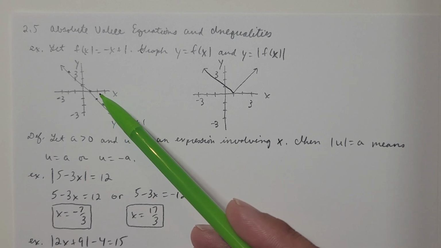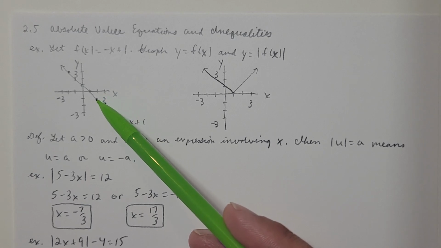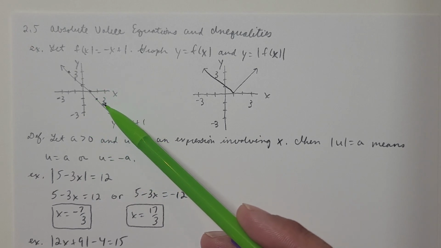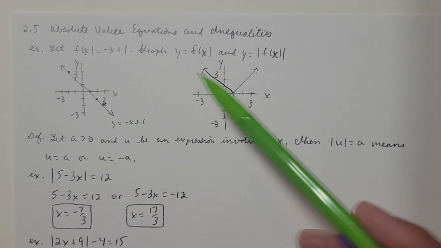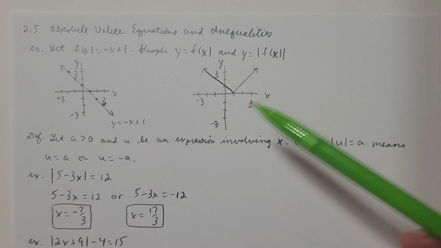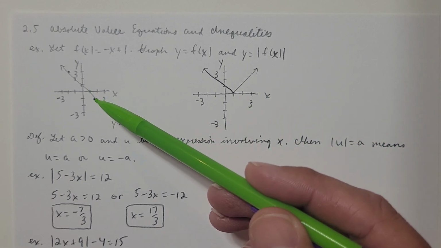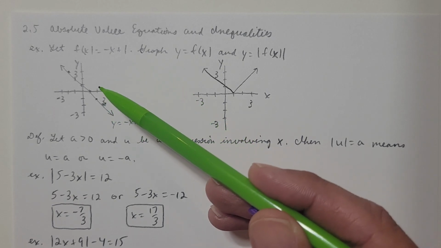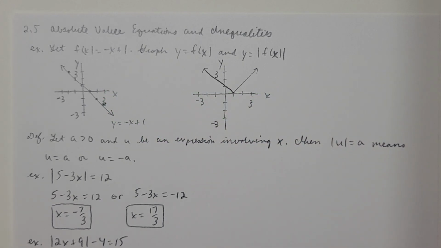In other words, (2, -1) is going to be at (2, 1). (3, -2) is going to be at (3, 2), etc. And by raising that part of the line that's below the x-axis so that it's above the x-axis, I end up forming a V.